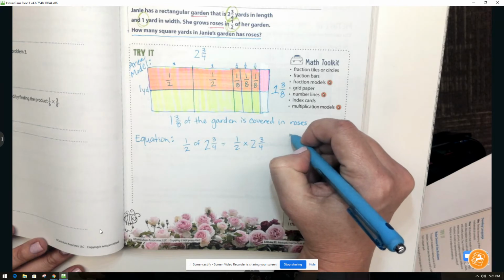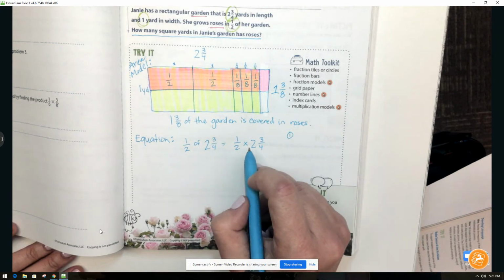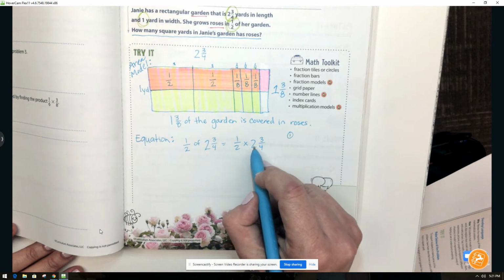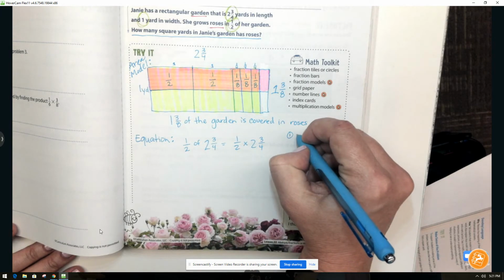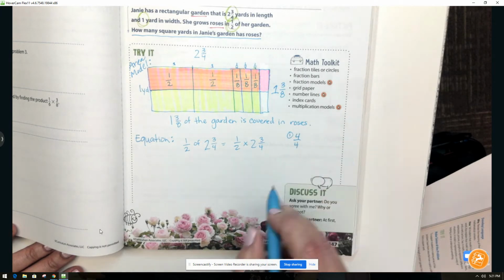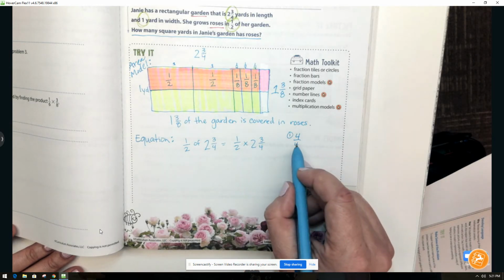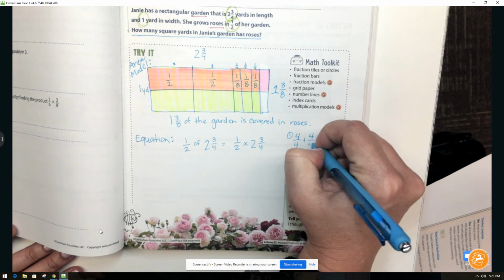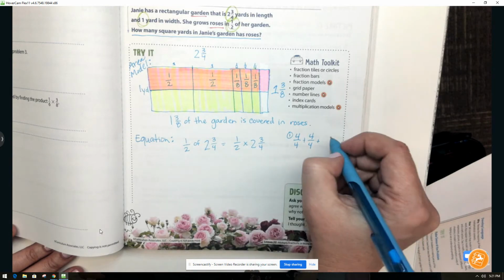We can do it a couple of ways. The first way to change a mixed number into an improper fraction is, keeping the same denominator, to look at how many wholes we have. We have 2 wholes, and one whole would be 4/4 because our denominator is 4. So 1 whole is 4/4, 2 wholes would be another 4/4, and then we have 3/4.